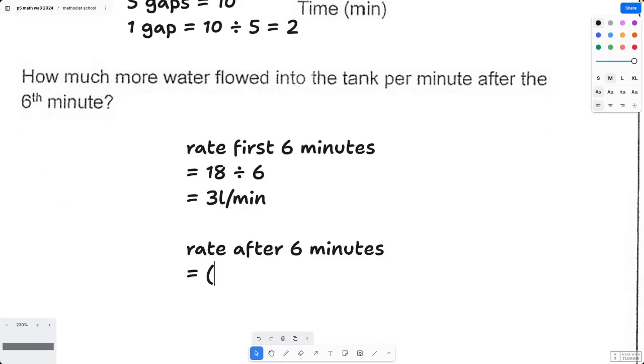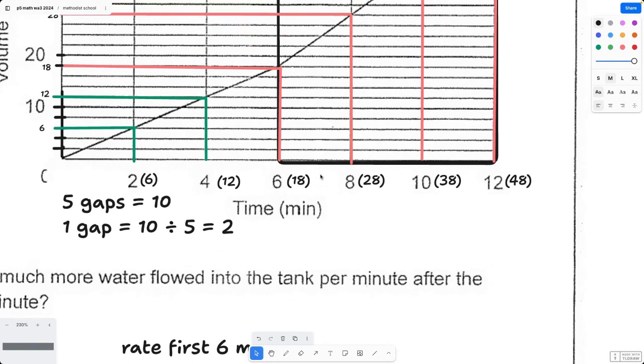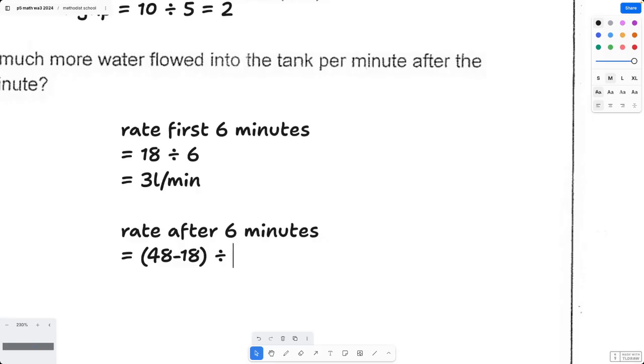Okay, and then we want to divide it by 12 minus 6. So I'm going to write here 12 minus 6. Okay, so 48 minus 18 is 30 liters, and then we divide it by 12 minus 6 is 6. So this will become 5 liters per minute.